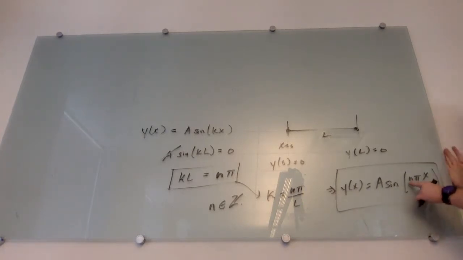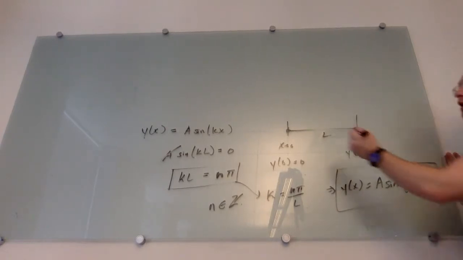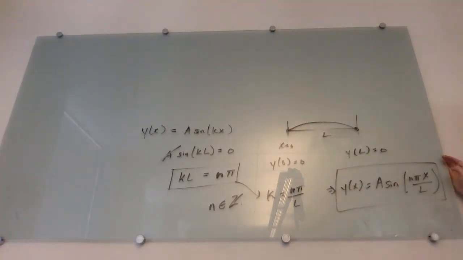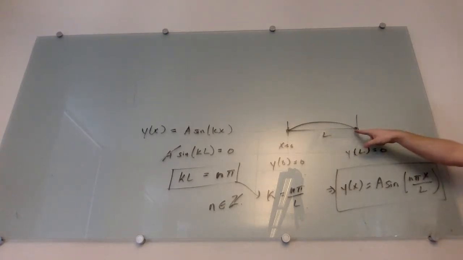So if I plug in n equals 1, then I get pi x over L. You could graph it if you want. It's going to be the sine wave where the first time it goes to 0 is when it gets to the end.